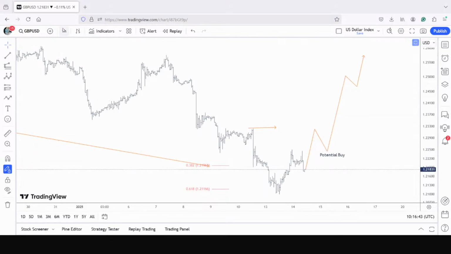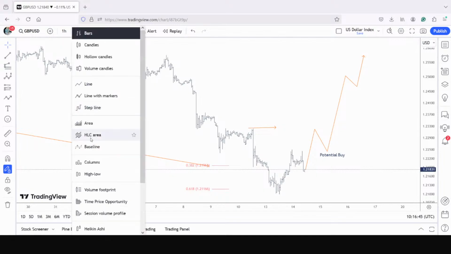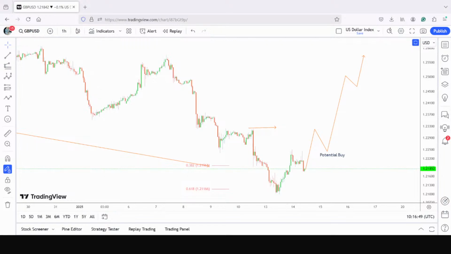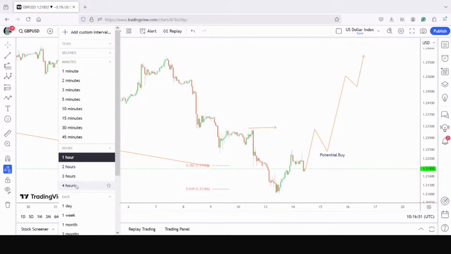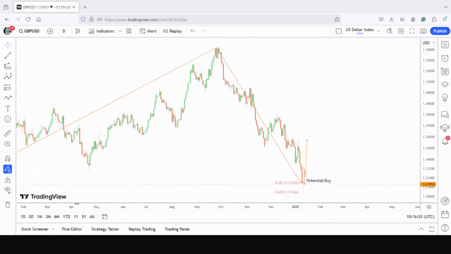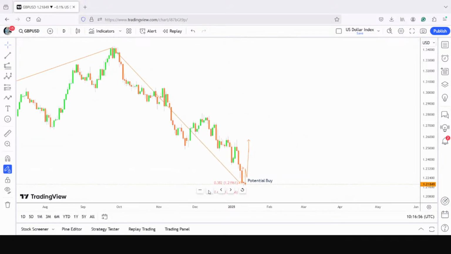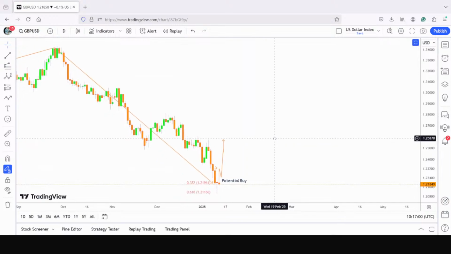But okay, let's have a quick view at the candlestick patterns. I'm flipping the chart to the daily. Here the pattern doesn't look like anything more than an indecisive yesterday.